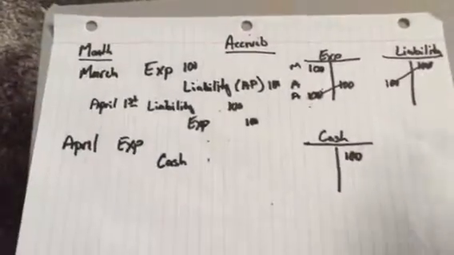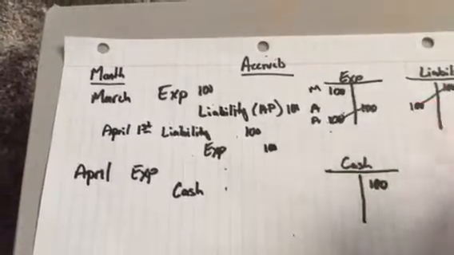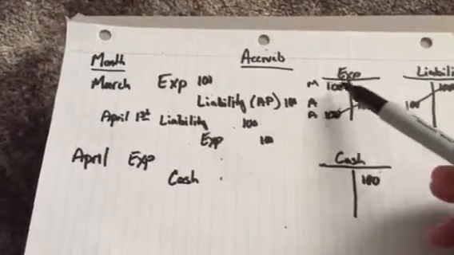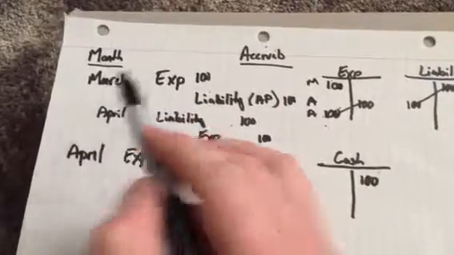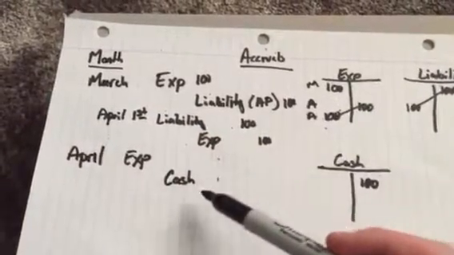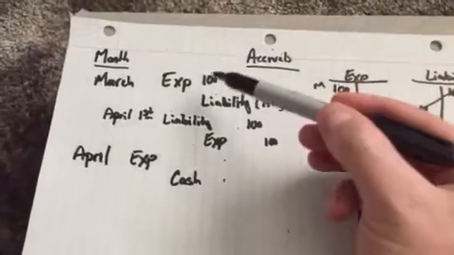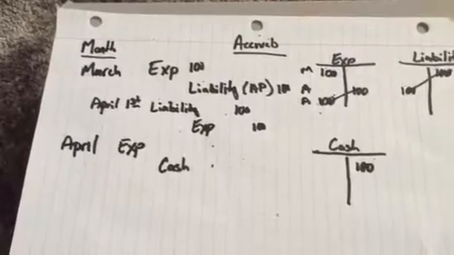And accruals mainly follow the matching principle more than anything else. We want to match our expenses, this $100 expense, in the month it was incurred. And it doesn't really matter too much when we pay these expenses, as long as it hits in the right period. That's the matching principle.